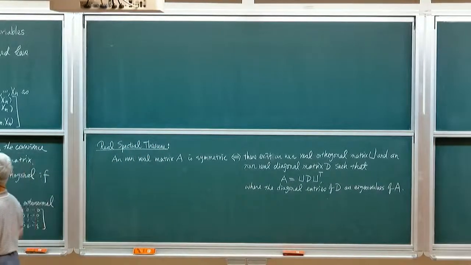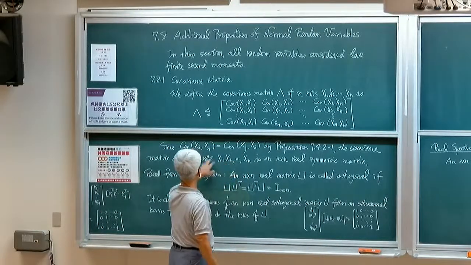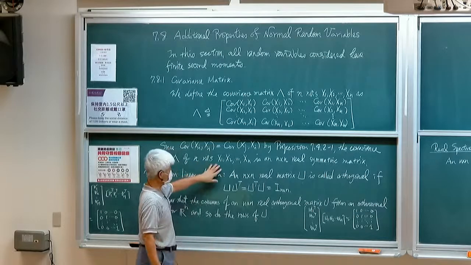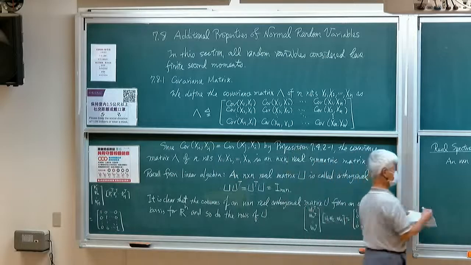And from here, we know the covariance matrix of n random variables is an n times n real symmetric matrix.